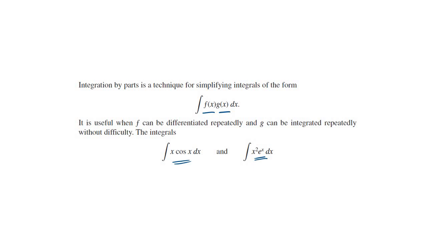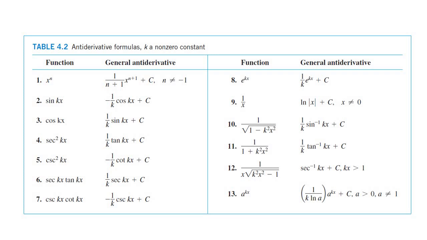Before we do that, let's go through some antiderivatives. We know the antiderivative of x to the power n is 1 over (n plus 1) times x to the power n plus 1. The antiderivative of sin kx is minus 1 over k cos kx.